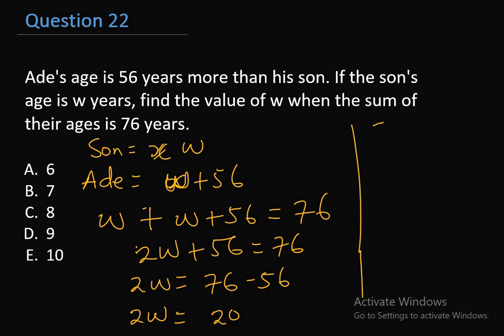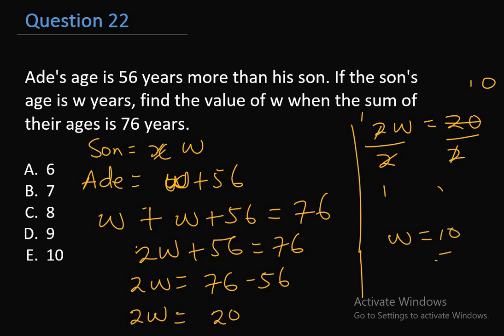Alright, so since 2w is 20, to get the value of w, divide both sides by 2. 2 here 1, 2 here 1, 2 into 20, 10. So w is 10, which is E.